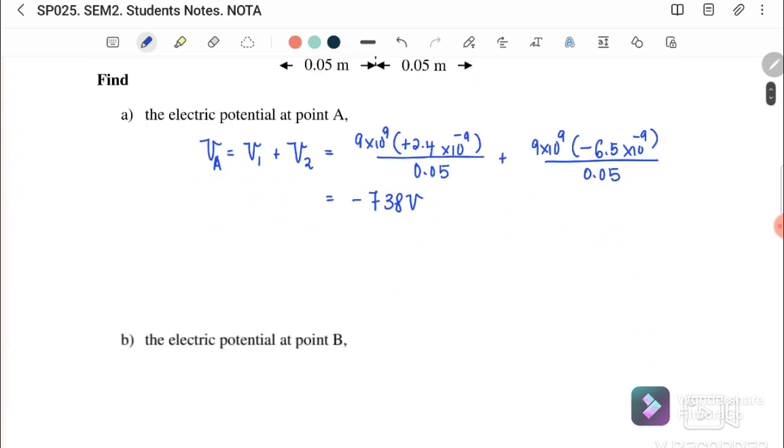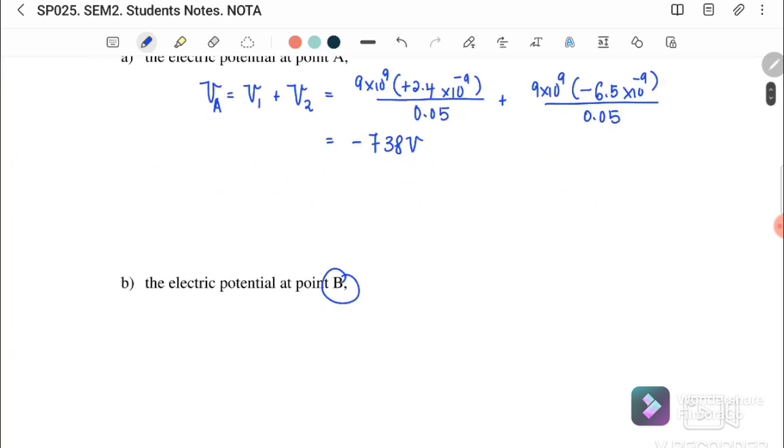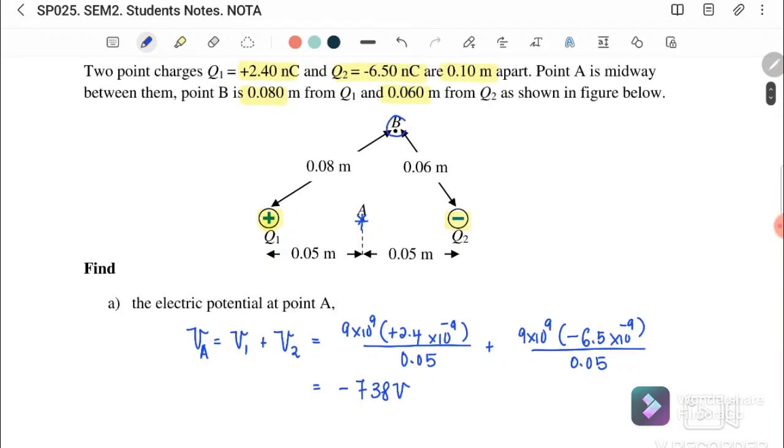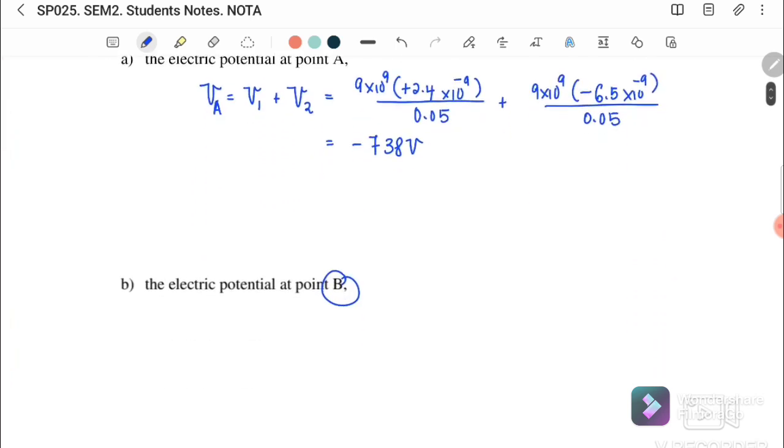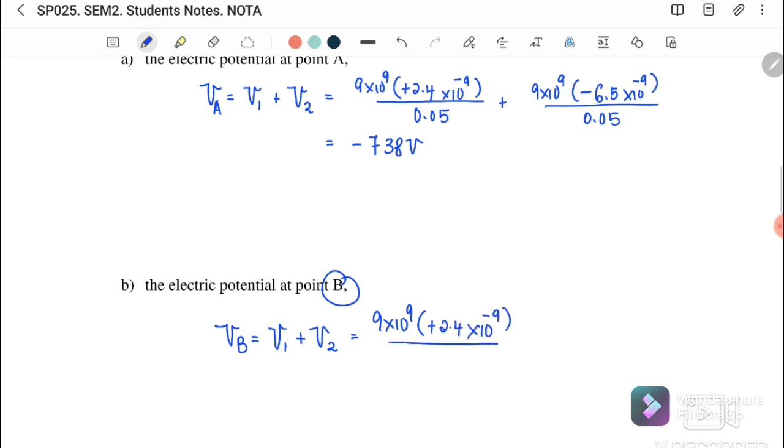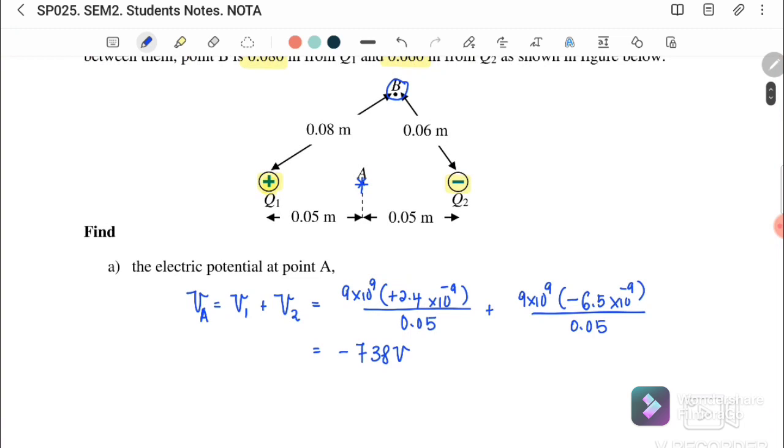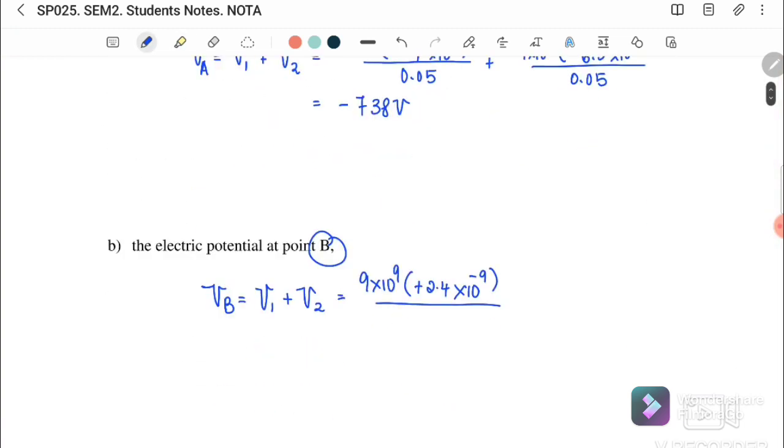Next, part B: we want to find the electric potential at point B. Similarly, at point B you will also experience the electric potential from Q1 and Q2. So I write VB is equal to V1 plus V2, because here we have two point charges. It equals 9 × 10^9, and the charge is positive 2.4 × 10^-9, and the distance between point B and Q1 is 0.08.